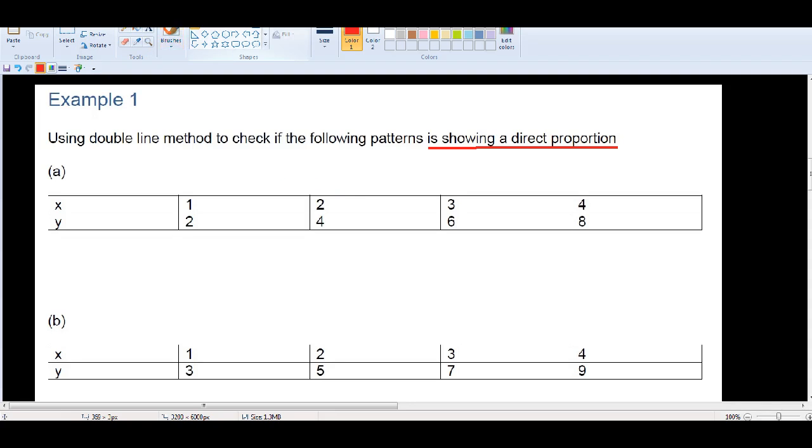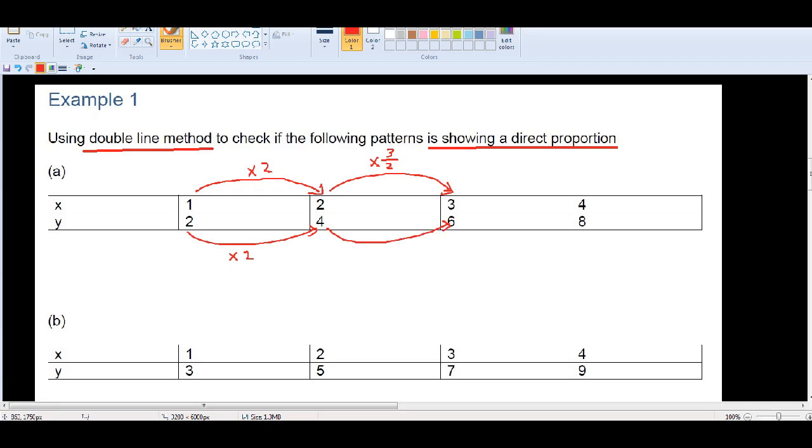You must use the double line method to check if the pattern is a direct proportion. Still remember it? For example, from 1 to 2, it times 2. From 2 to 4, does it times 2? Yes, 2 times 2 is 4. From 2 to 3, it times 3 over 2, or 1.5.